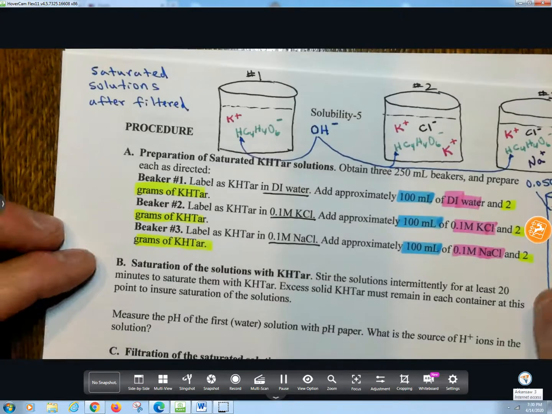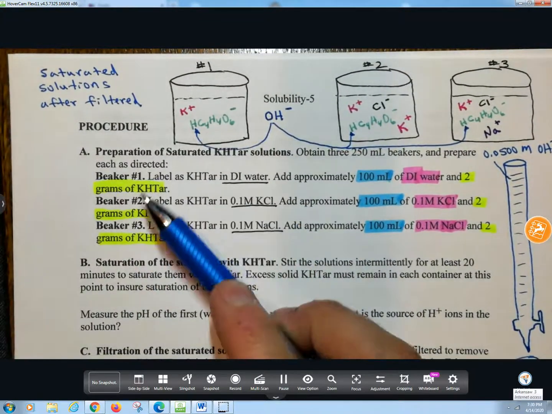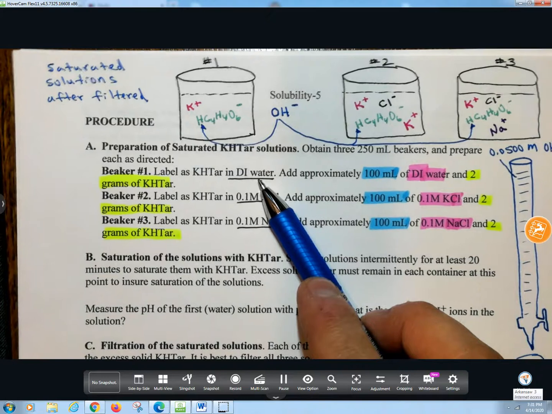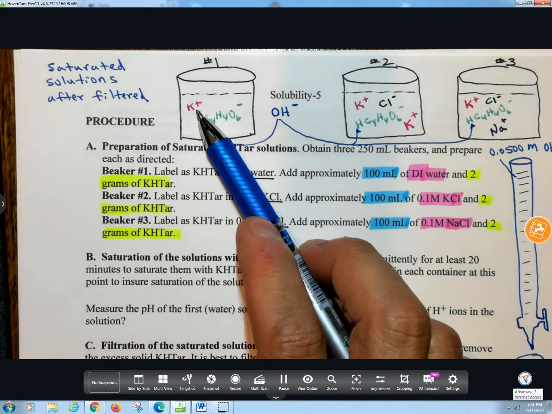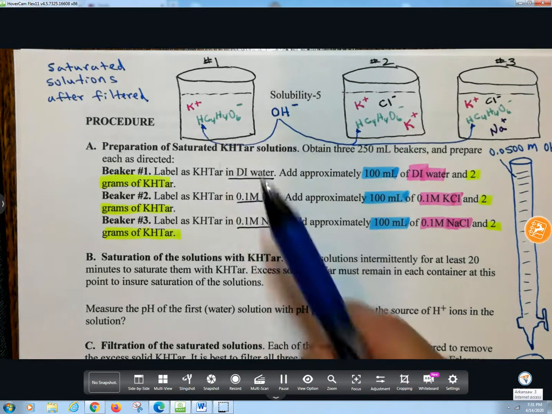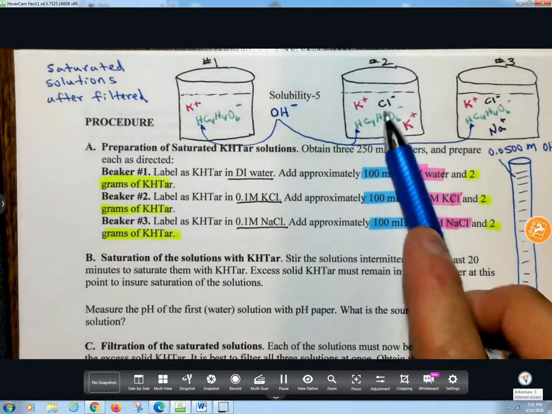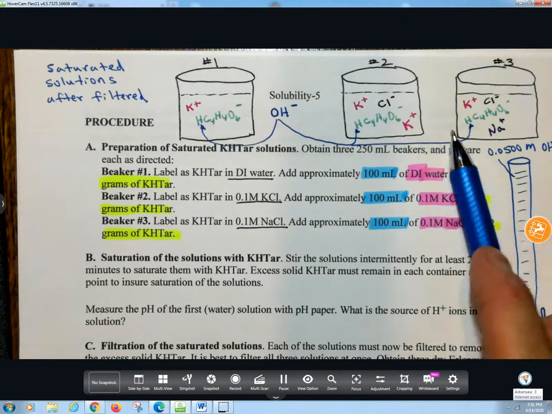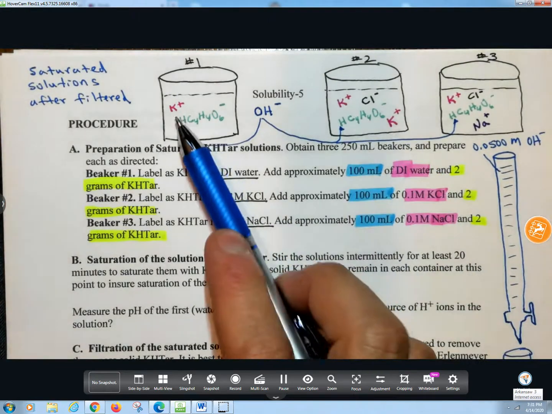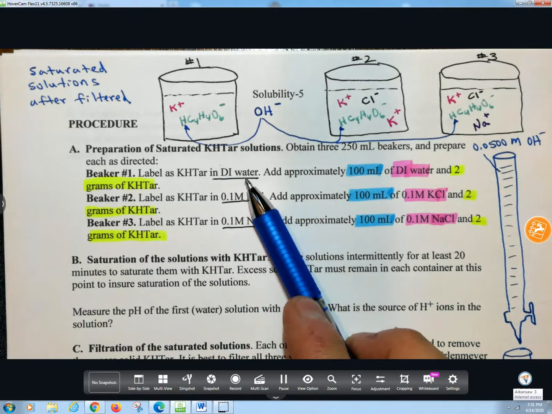Okay. So here are our 3 solutions that we are going to make. Beaker number 1, we are going to have potassium hydrogen tartrate in deionized water. I'm letting the potassium be red in this case, and my hydrogen tartrate green, plus and minus ions. Again, this is a saturated solution. There's nothing on the bottom, so these have already been filtered. So we are going to dissolve potassium hydrogen tartrate and filter it in water.